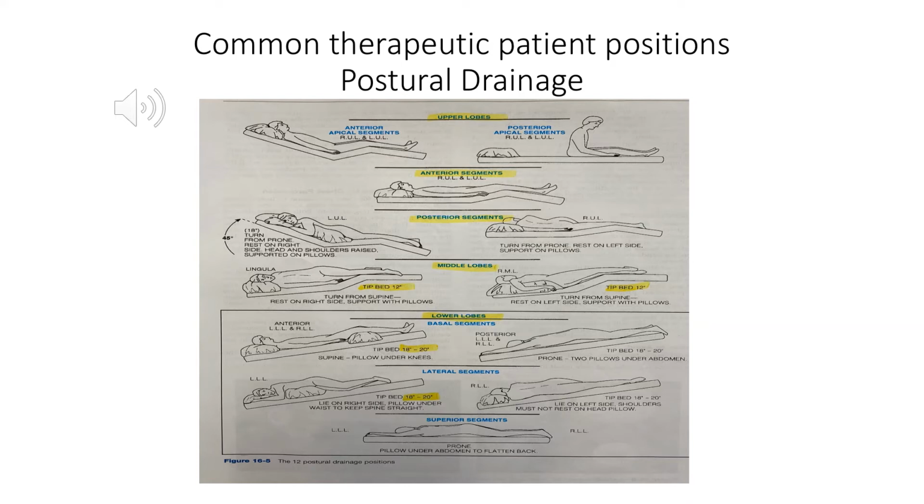So it's important for the respiratory therapist to memorize these positions because there's a good chance you might get some questions on your NBRC exam relating to postural drainage and positioning, as well as to be able to execute physician's orders on such drainage. So it's very important that you spend some time looking.